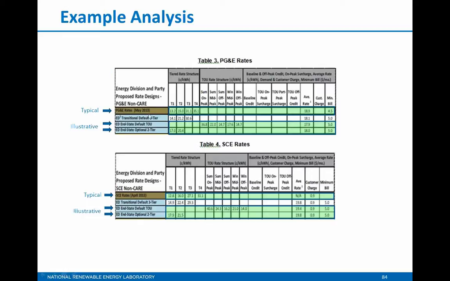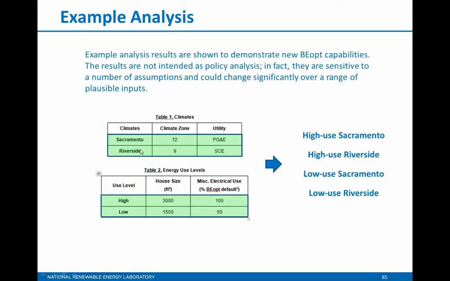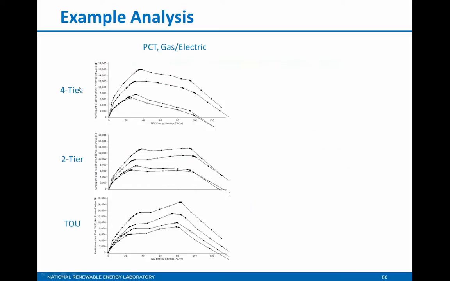I have a few more plots where we bring in the Southern California cases, and also bring in Riverside and the low energy use. So now we have more parametrics and the resulting curves. This is like the first set of plots that we saw, again looking just at the optimal curves, not the gray points.